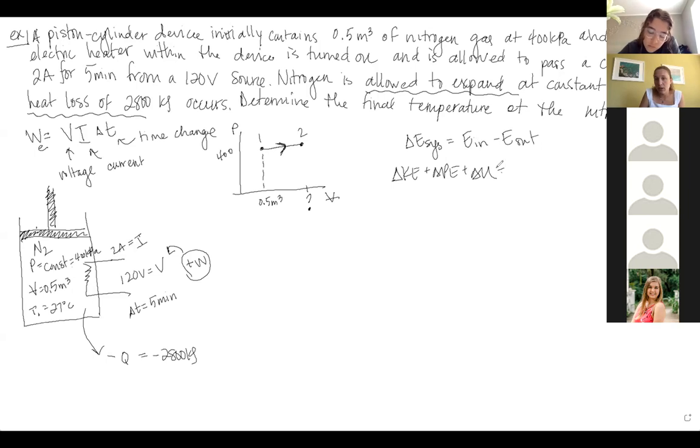And this is going to be equal to the energy coming in, which is work in, and this work in is actually going to be our electrical work. And then what we have coming out is heat, the 2,800 kilojoules that are coming out.